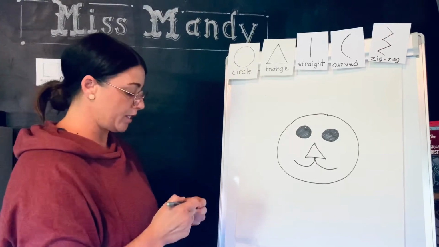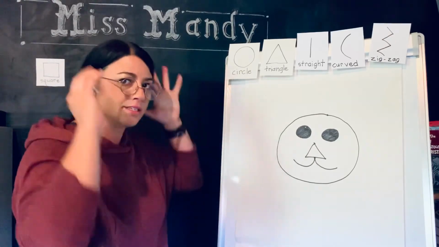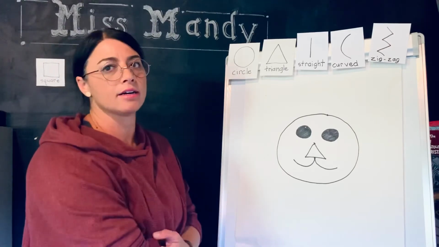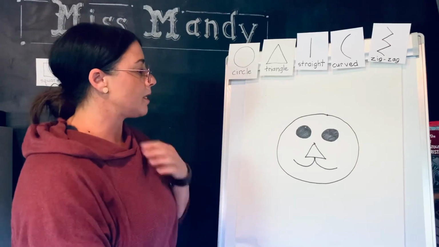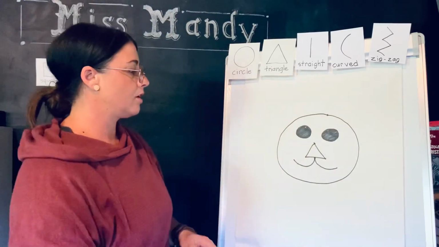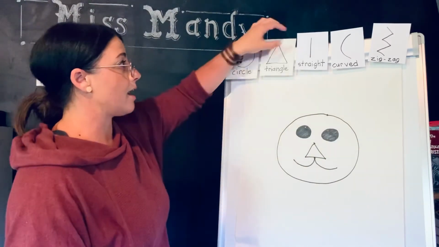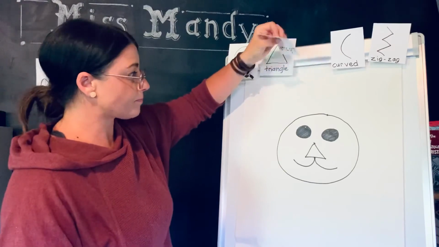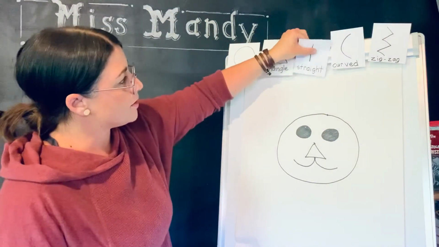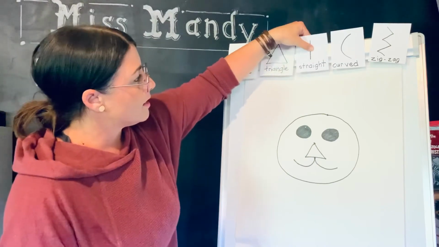we are going to do the big lion's mane. So lions have a lot of crazy hair. So we're going to do a bunch of different lines coming out of the circle for our lion's hair. So I'm going to start with straight lines, but I'm also going to do zigzag lines.